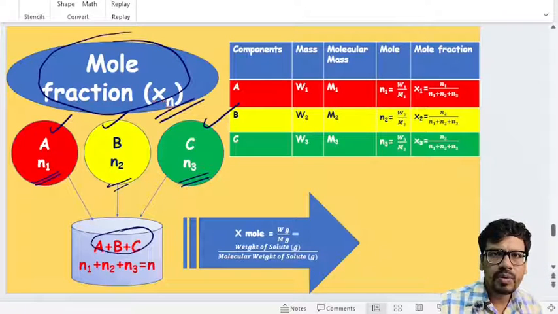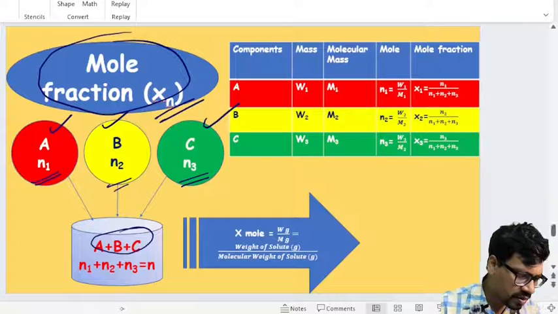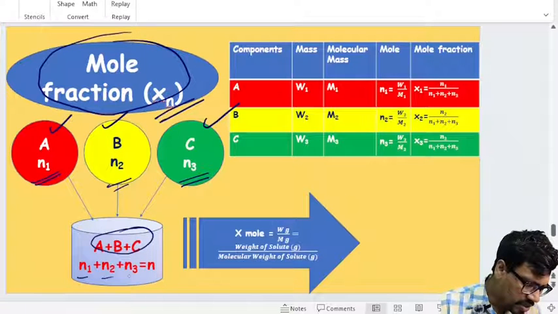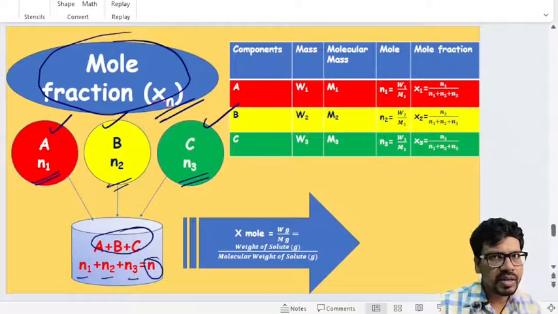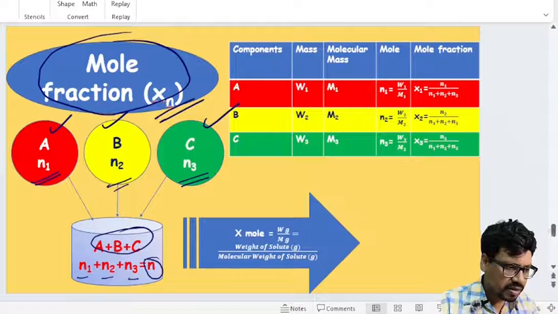So what is the total mole? That is N1 plus N2 plus N3, the summation of the number of moles of the components present in the mixture.